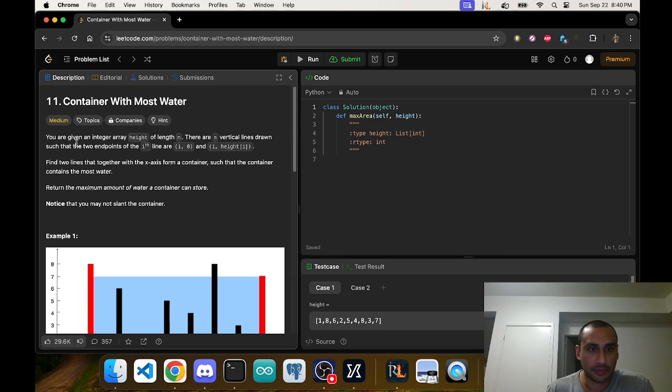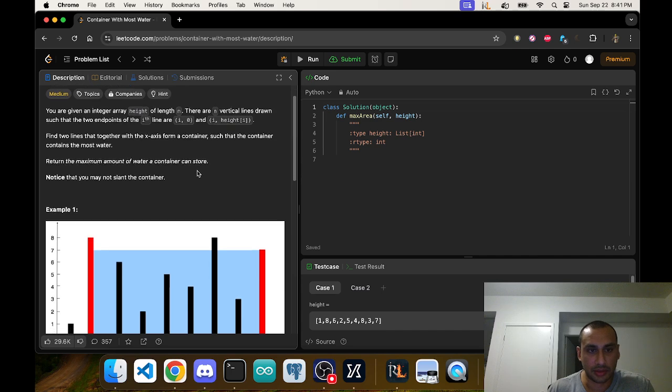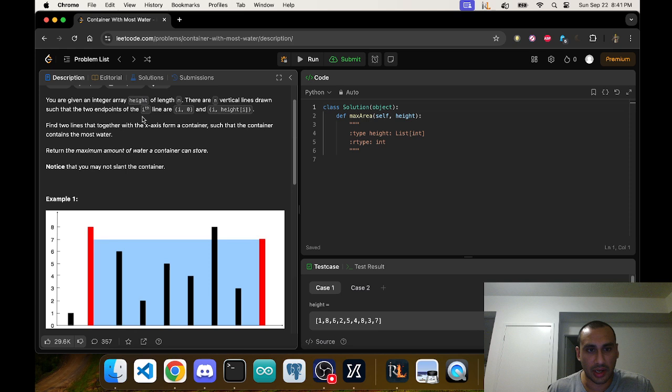Given an integer array height of length n, there are n vertical lines drawn such that the two endpoints of the ith line are (i, 0) and (i, height[i]).